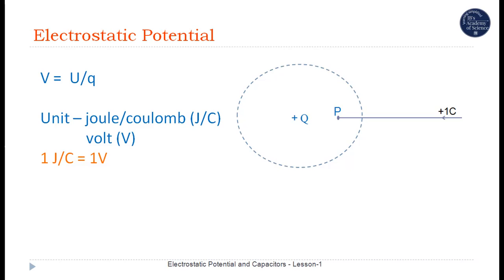U is the total energy of the q charge, so the energy per unit charge is U divided by q. This we call electrostatic potential or electric potential. The unit of electric potential is joule per coulomb, or volt. 1 joule per coulomb is known as 1 volt.